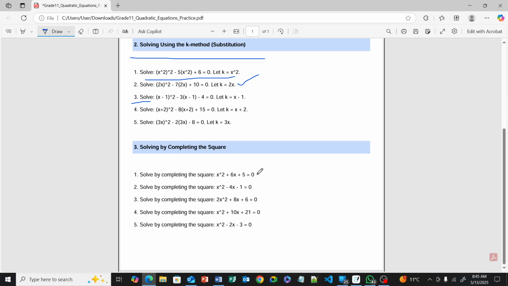Now we can also solve by completing a square. When it comes to factorization, this is the only nightmare that you should be having, but it's not that bad.